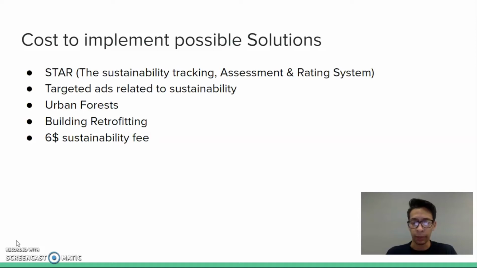Another of the financial aspects that we have examined is raising funds for sustainability solutions. The University of Illinois at Chicago has implemented a $6 sustainability fee, and we believe that if we were to implement said fee of $6 per semester, we would have more than an adequate amount of funding from our students to be able to use that money towards innovative solutions.